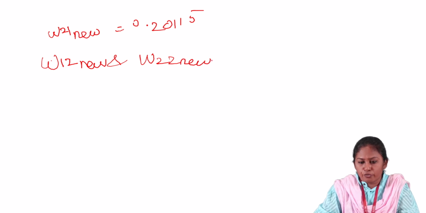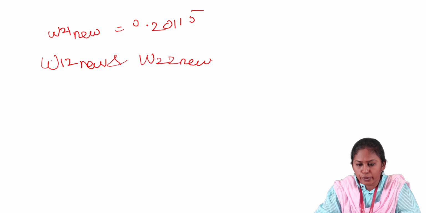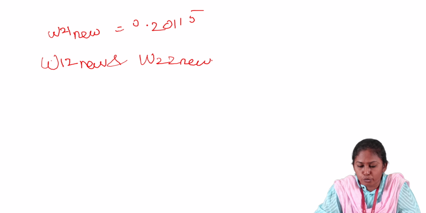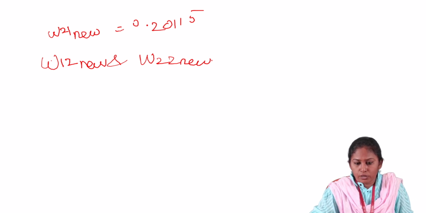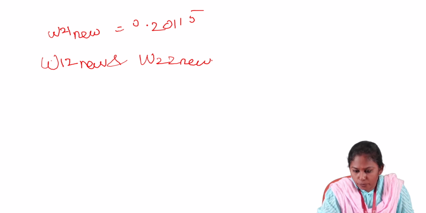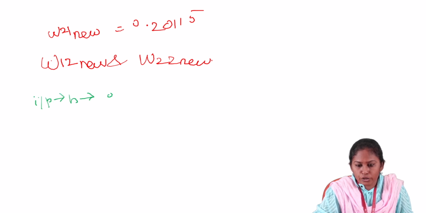So we started with certain values of W11, W12, etc., up to WH2, and then we calculated the gradient descent with respect to the total error we got after the output layer. We started from the output layer going to the input layer. In the forward pass, first I started with the input layer, then moved to the hidden layer, and then to the output layer, where I calculated the error.